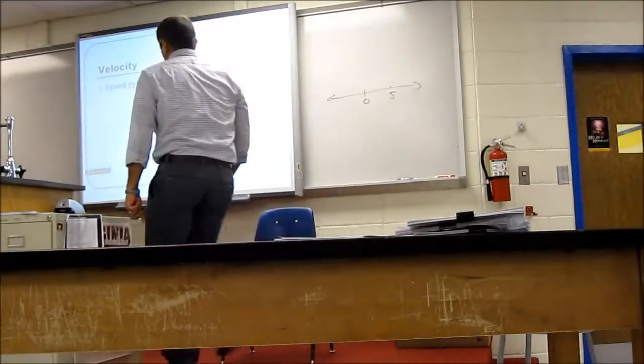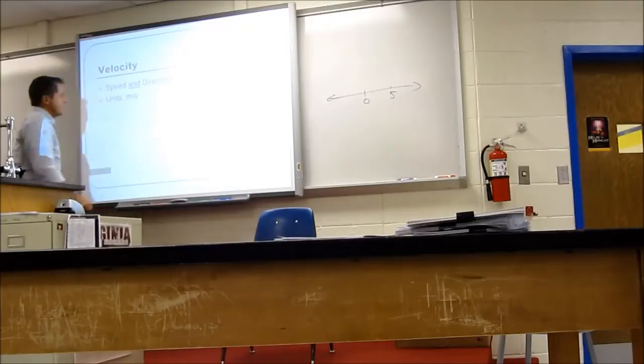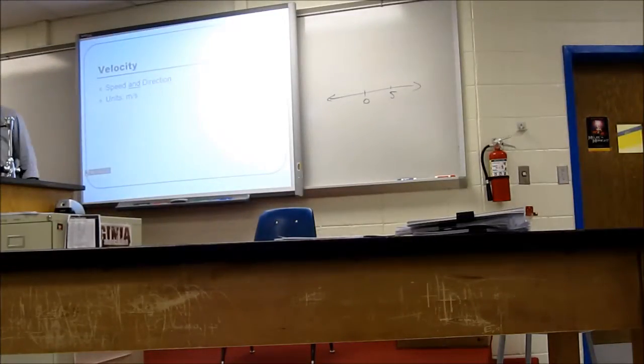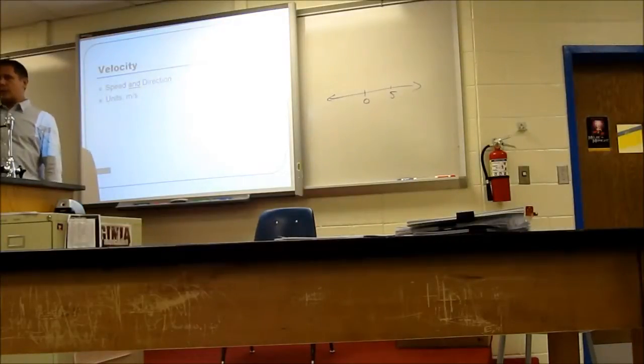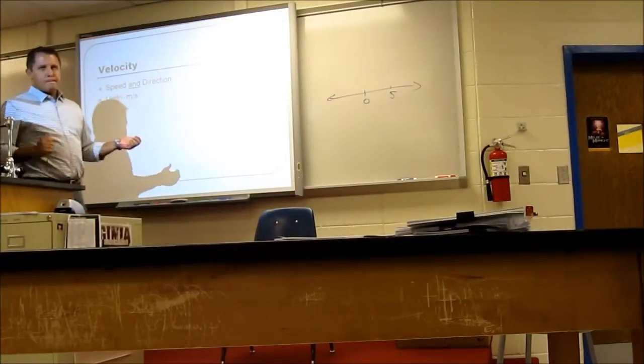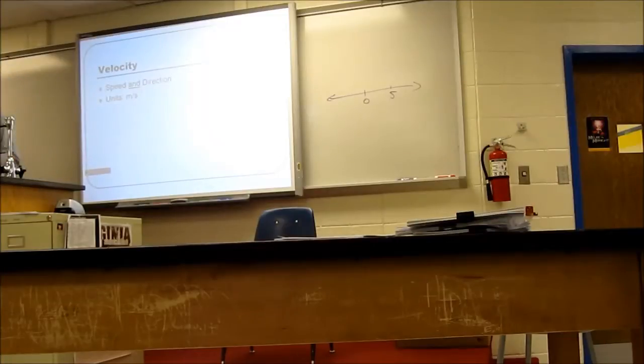The units for velocity are meters per second. Again, we're not going to deal with miles or feet or inches in here. It will be meters. So when we talk about velocity, it's going to be meters per second.